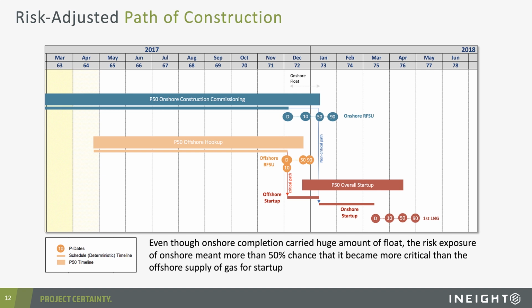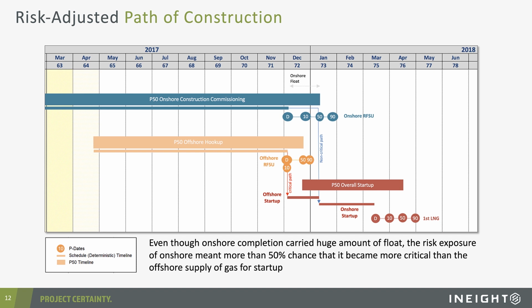Now, I think what's fascinating here is when we then took into account the risk, the uncertainties, the potential quantity growths on both of those parallel paths, what we thought was the path carrying the float with a month's worth of float or wiggle, the onshore scope, that onshore scope actually became critical. In fact, there was more than 50% chance that the onshore scope was going to be driving the entire project through to that onshore startup.